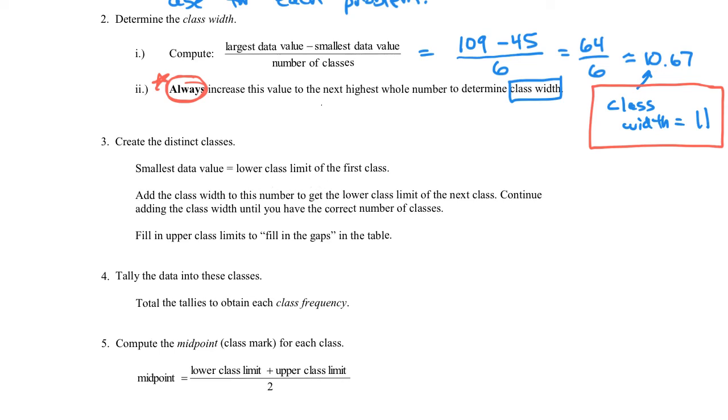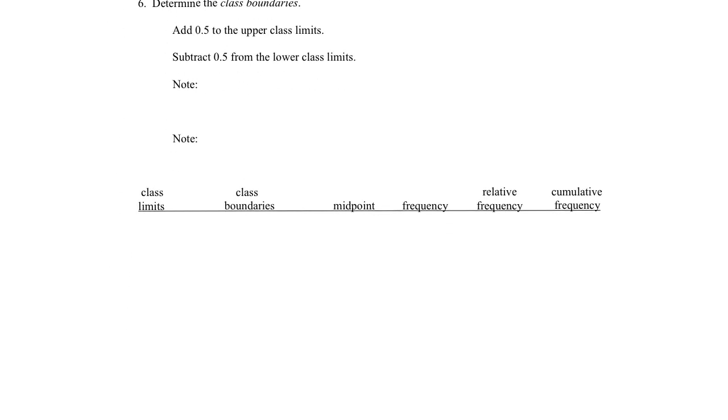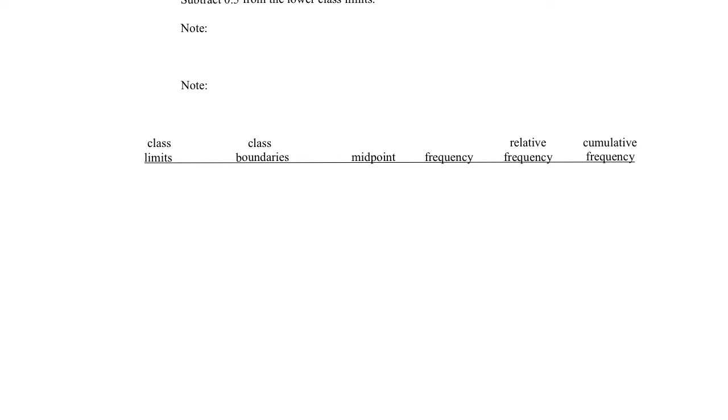So I'm going to write 45. It's the lower limit of the first class. Okay. And then if you look at the handout, number 3, it says add the class width to this number.